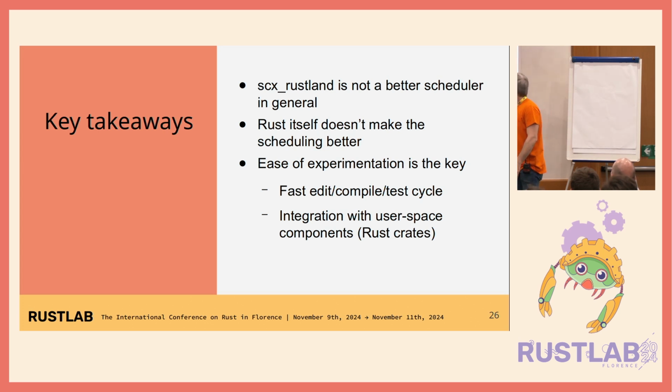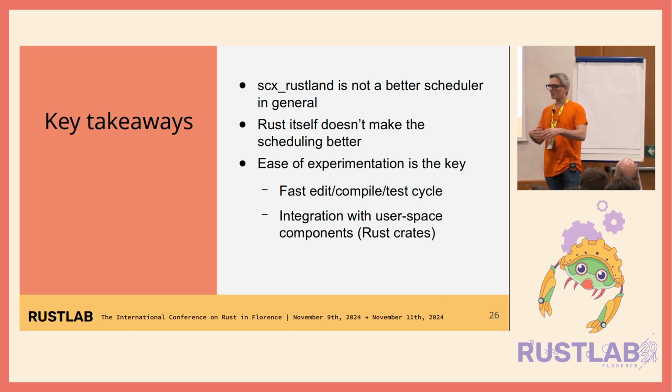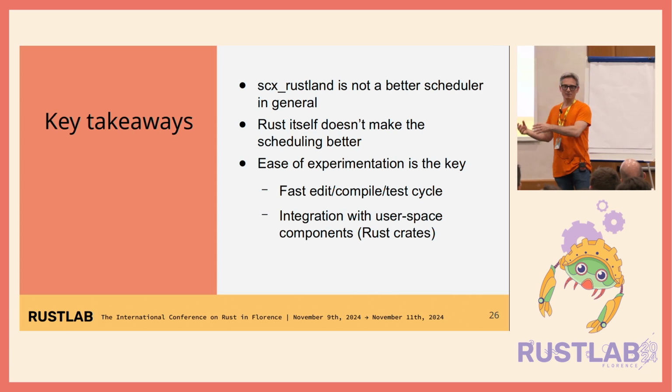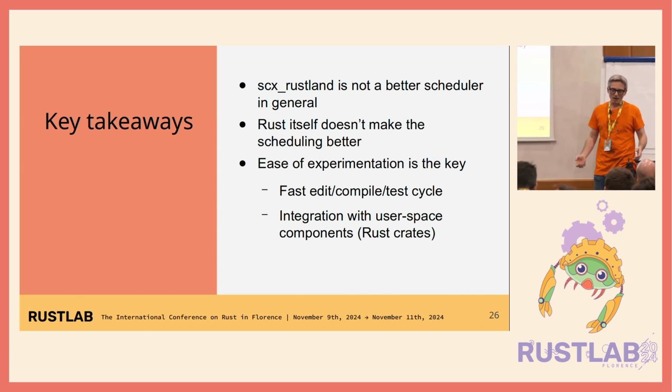The other thing is, when I posted the result, there was an article on Phoronix, like, Rust makes gaming on Linux a great success. No, it's not Rust. I mean, it's the scheduler. Rust helps to make scheduler development and testing easier because of the whole abstraction.